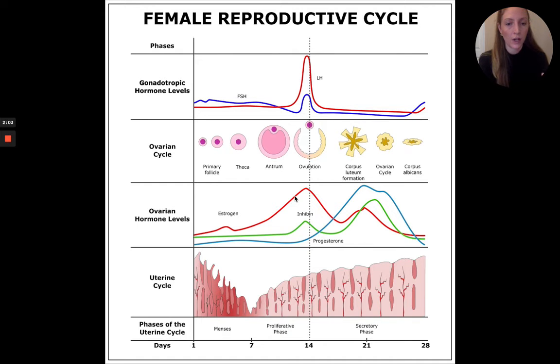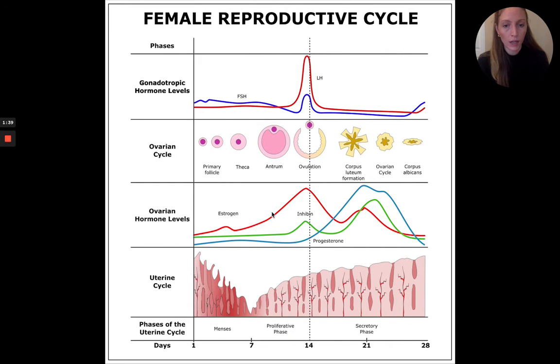We're relying on primarily estrogen to be signaling the rest of our body. And so as estrogen's growing, we see that estrogen's telling our uterus and the lining inside of your uterus to get thicker. So it's growing and proliferating to make sure that it's nice and thick.